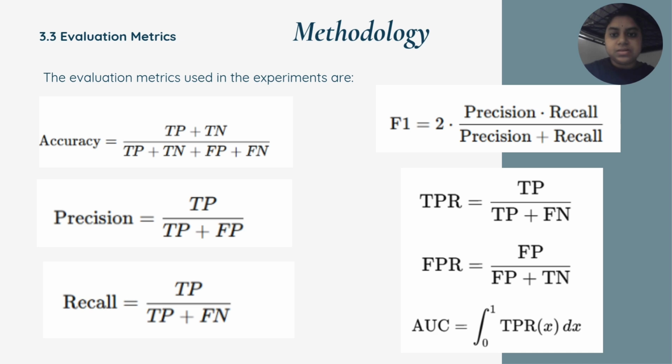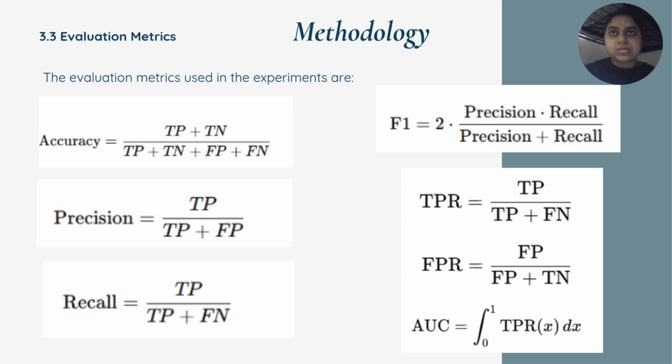Alright, next I will present the last part of the methodology, which is the evaluation metrics. Same as with the algorithms, we decided to go with four types of evaluation metrics that suit our project: accuracy, precision, recall or sensitivity, and F1 score. Accuracy is the proportion of total correct predictions, as shown in the formula below.